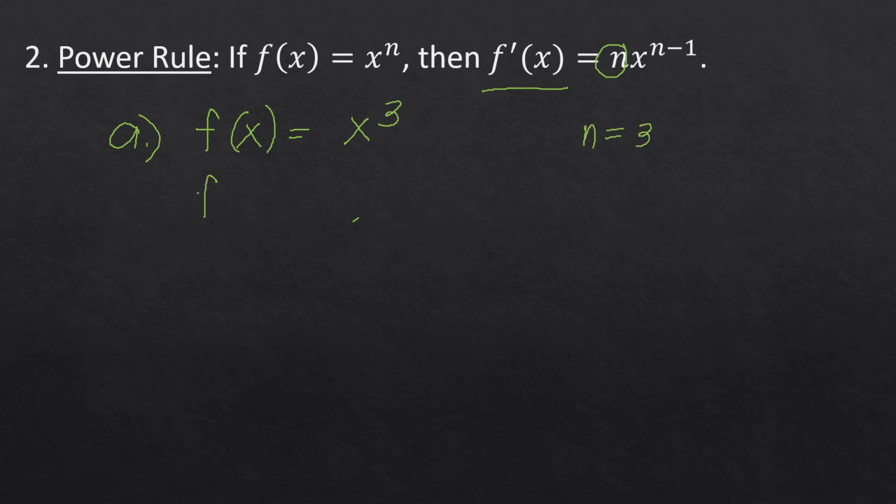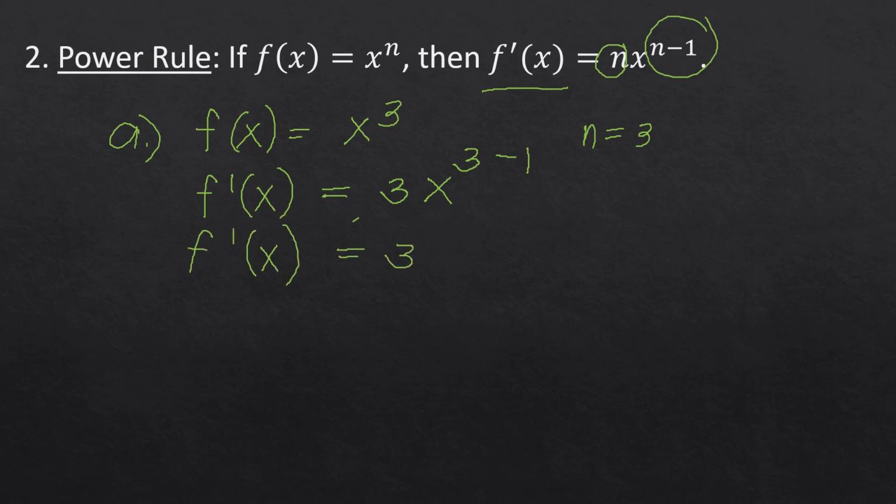So ang sabi dyan, to get the derivative, ibaba ang exponent. So you bring down 3, multiply that to x raised to, so ang 3 kanina, babawasan mo ng 1. So that is according to the rule. Therefore, the derivative of the function is now equal to 3x raised to 2.